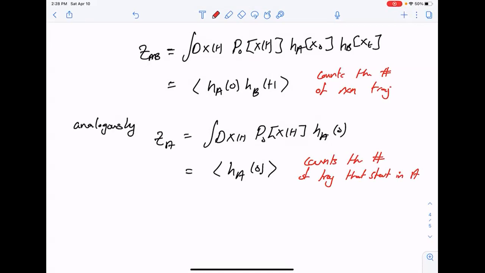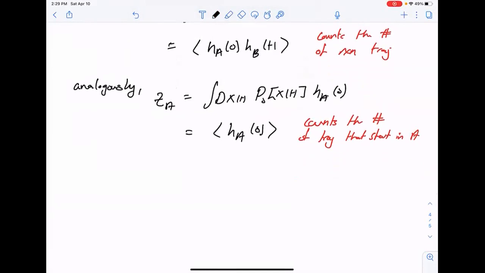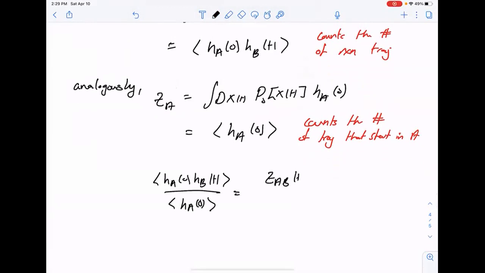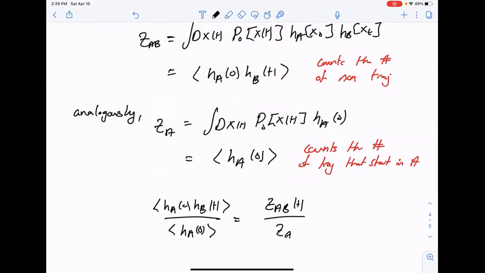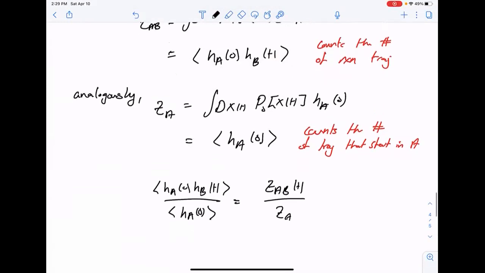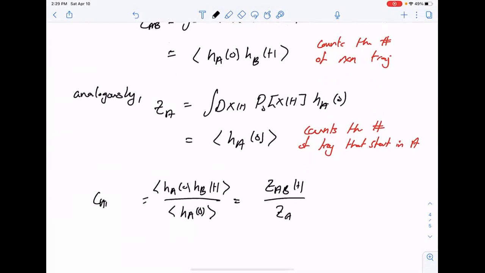Looking at those two expectation values should ring some bells. If I took their ratio, h_A at 0, h_B at T averaged over h_A at 0, that is defined as this ratio of partition functions, Z_AB over Z_A. Z_AB has a formal dependence on time because it is a two-time average, Z_A does not. We know what that ratio is. That's C_AB, the side-side correlation function.